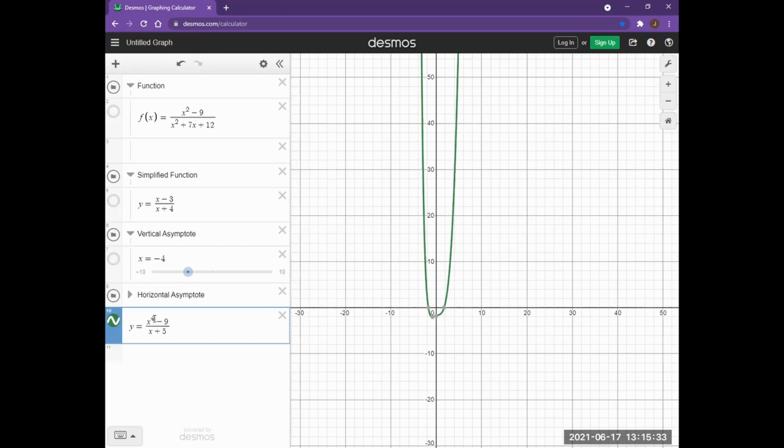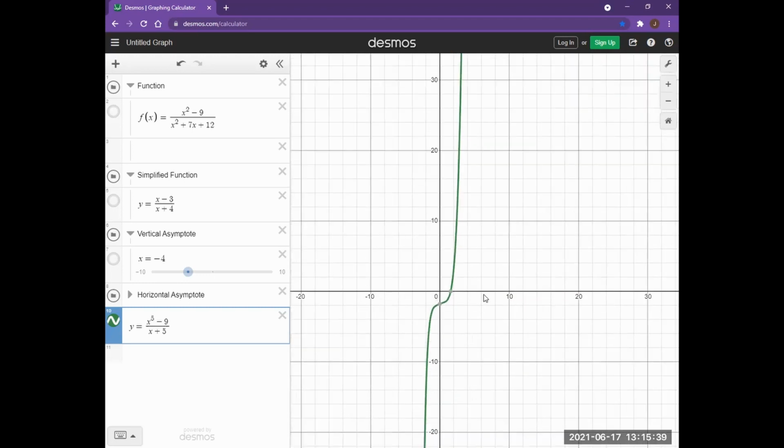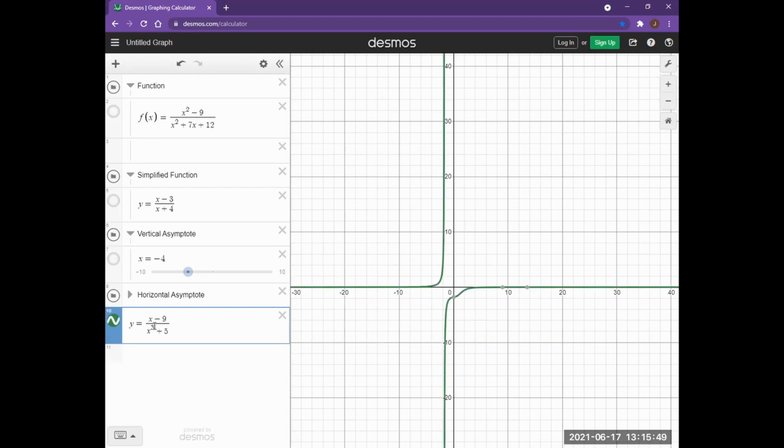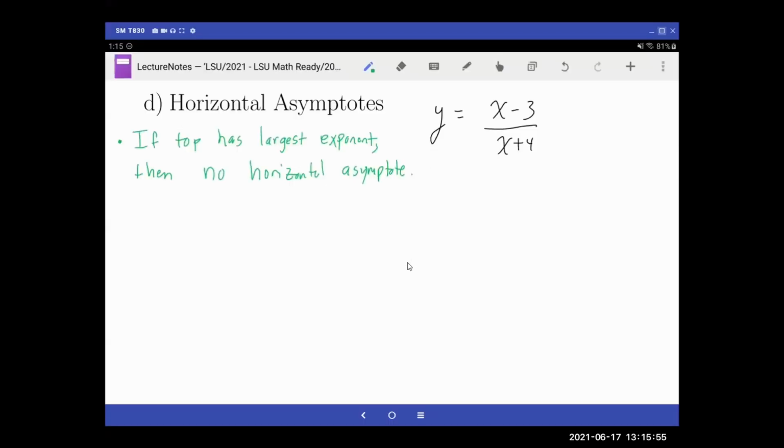No matter what, if I just raise this exponent, you don't see a horizontal asymptote anywhere. They have to be the same, or this one has something on the bottom, but we'll talk about that in a second. Okay, so the top has the largest exponent, then none.